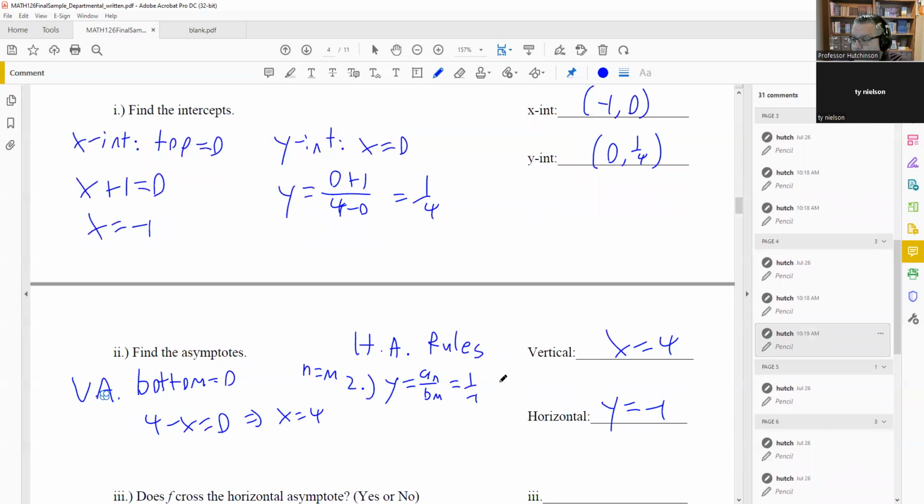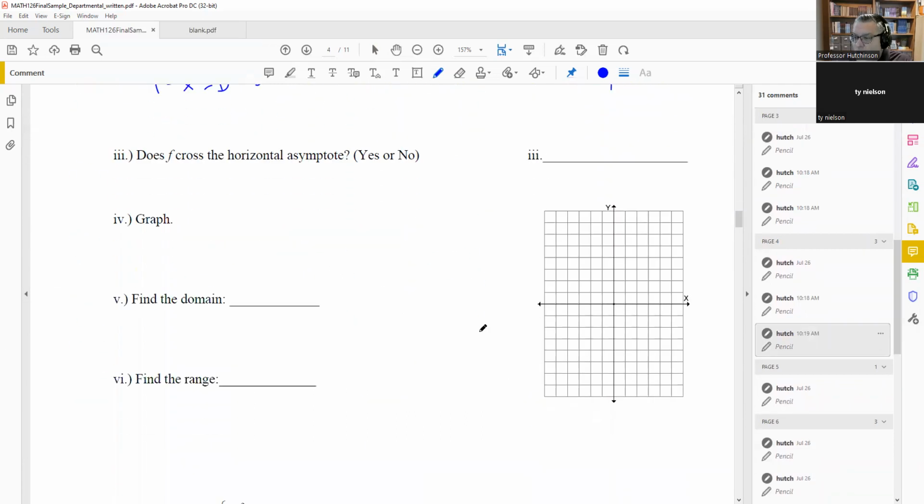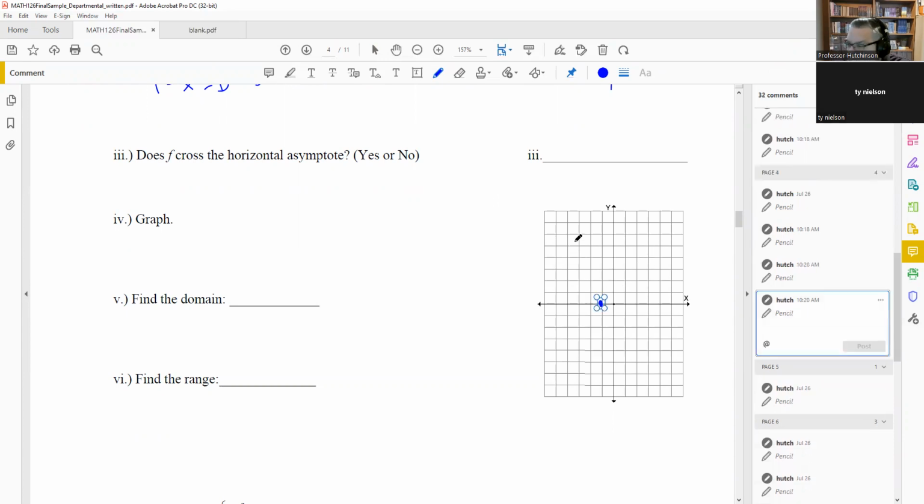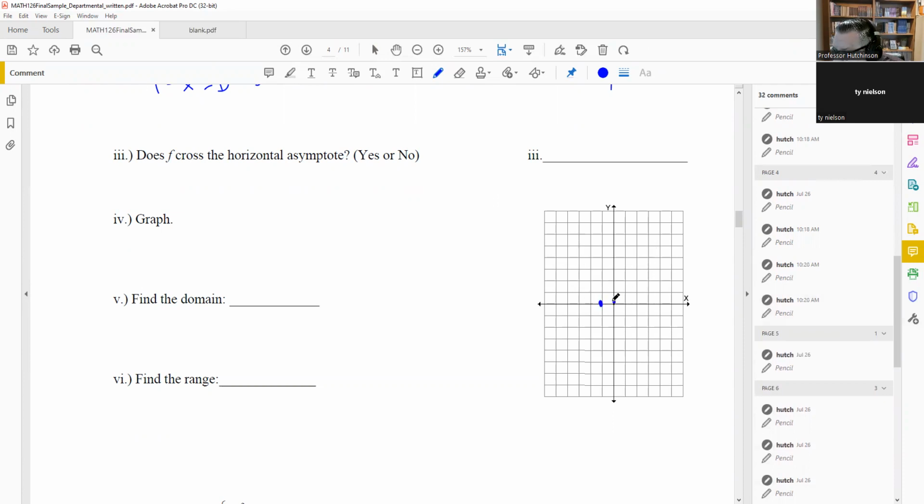Now for the rest of it, we're going to plot all this information and answer all these questions. The x-intercept was -1 comma 0. The point 0 and 1/4 is about right there.